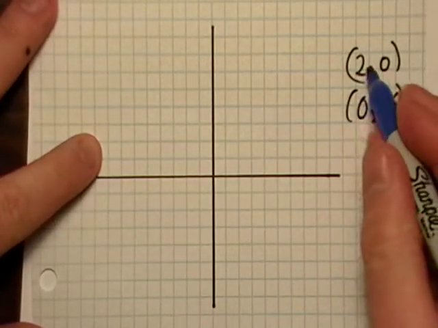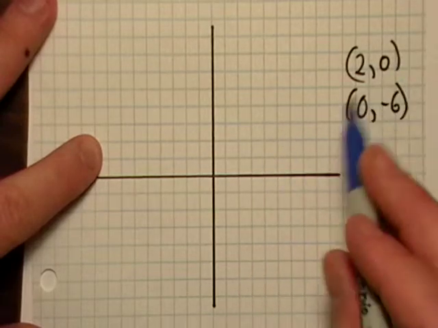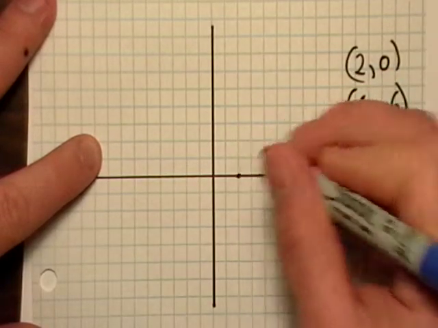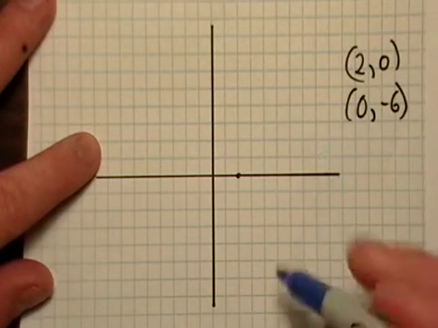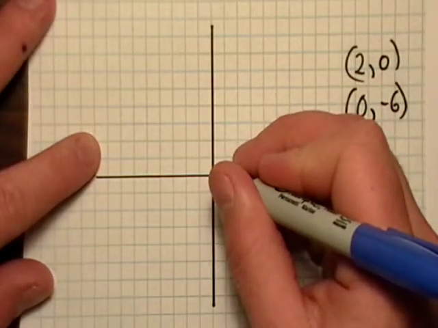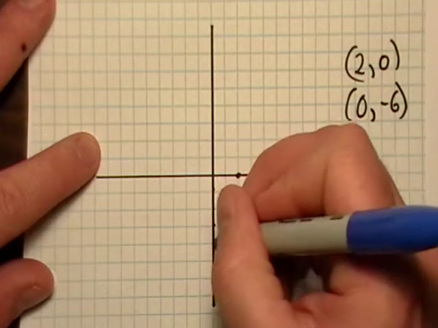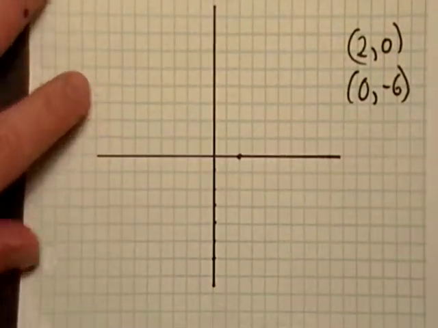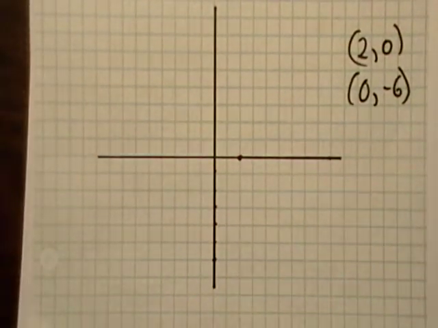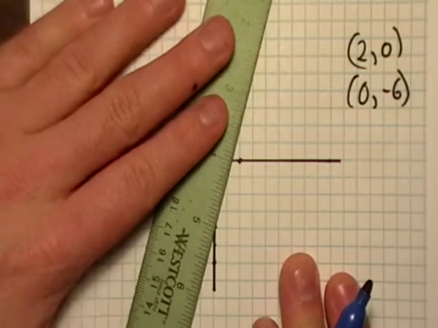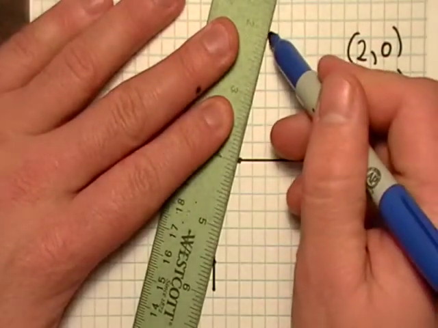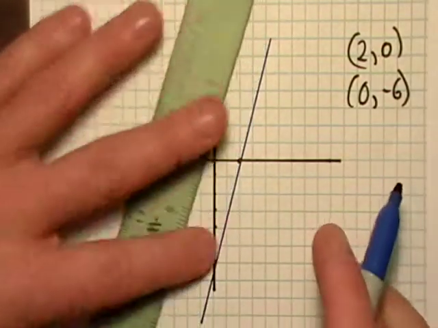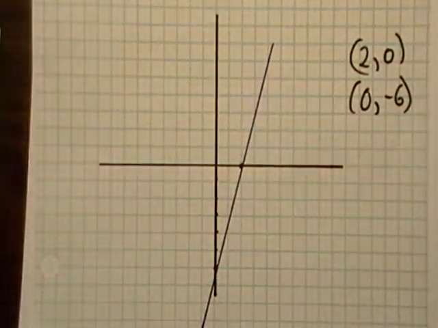So we got x is equal to 2. This line is worth 0, so we'll go ahead and put a point there. When x is worth 0, this thing is worth -6. So here's x is 0. 1, 2, 3, 4, 5, 6. And there you go. There's your line.